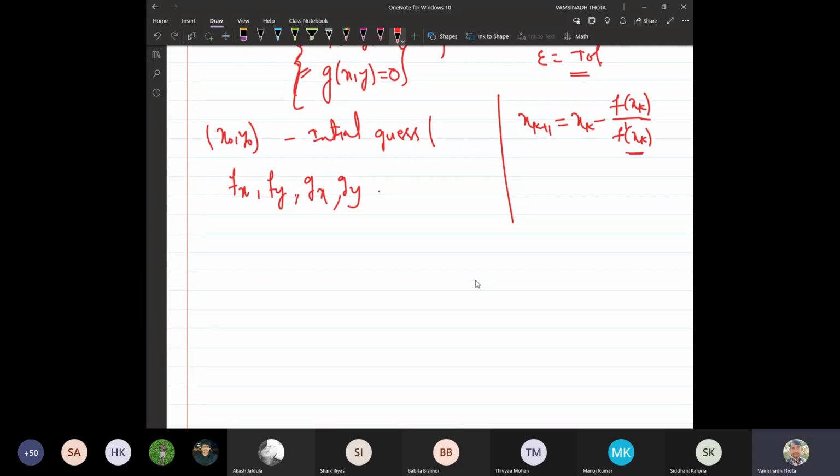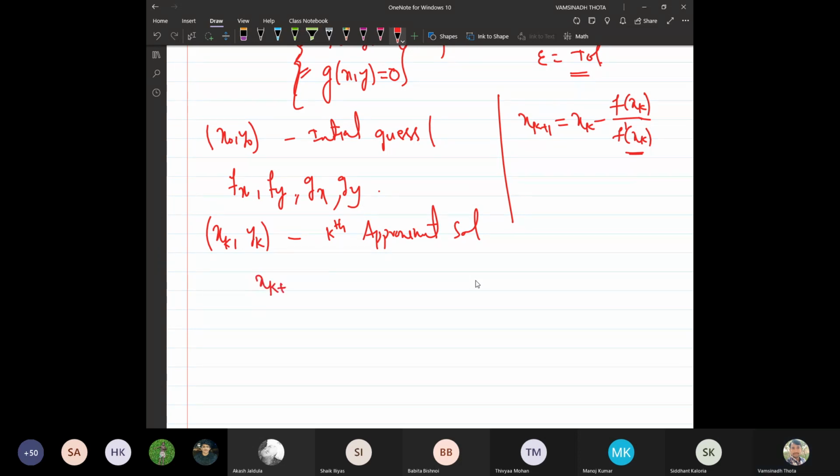Now suppose x k and y k is the kth approximate solution for the given system.